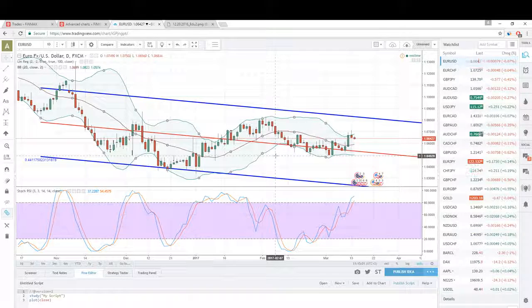So it also tells us, firstly, that the sellers are losing control over the market, that bulls are testing their power over the market and over the price, and that the price didn't fix on the lower level.